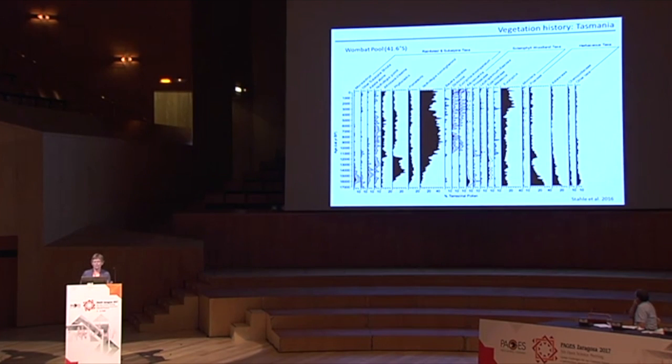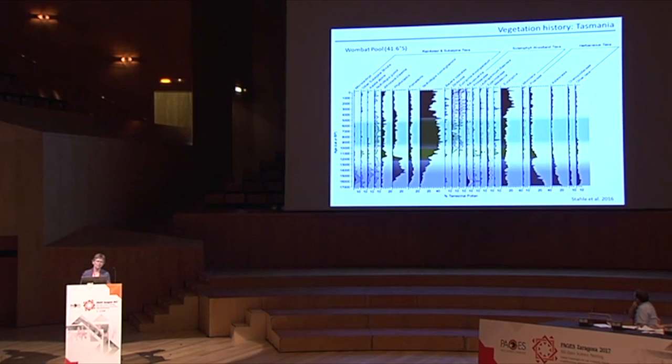So let me give you a typical record from Cradle Mountain that Laurie's worked on. This is Wombat Pool at latitude 41. You start out with a cool period shown by declining Poaceae and rising arboreal pollen because it's getting warmer. Then you move into a warmer phase characterized by grass and also by sedge and Athrotaxis.